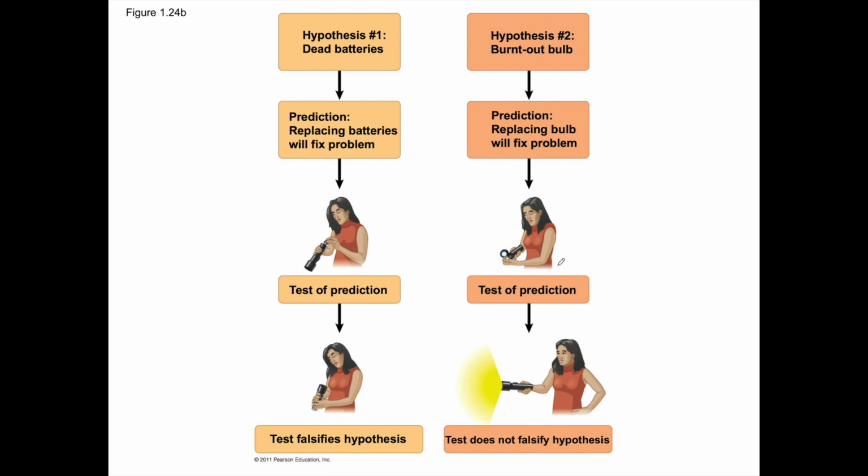Now remember, for a hypothesis to be a valid scientific hypothesis, it's your best guess of what you think is happening, and it must be testable. In addition to the fact that it must be testable, it also must be falsifiable. If it's impossible to disprove your hypothesis, then that is not a valid scientific hypothesis.